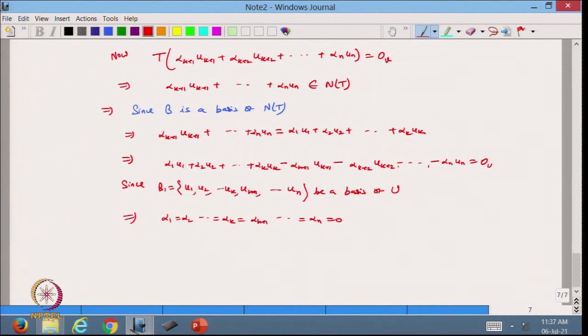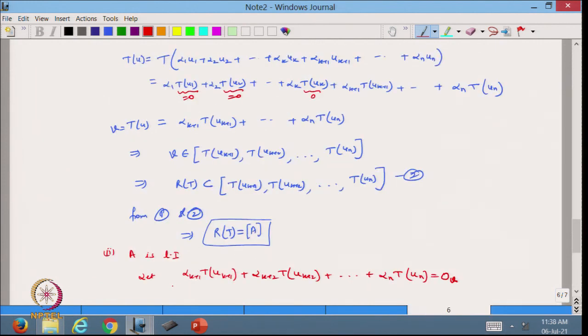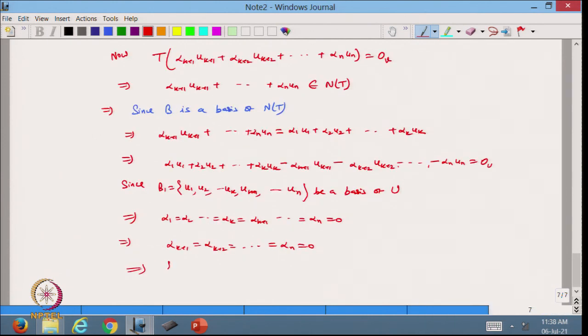So, these are all 0 because these are basis elements, and from here which implies that alpha k plus 1, alpha k plus 2 up to alpha n are all 0, and from here I can say that the set T of u k plus 1, T of u k plus 2 up to T of u n, this set is linearly independent.